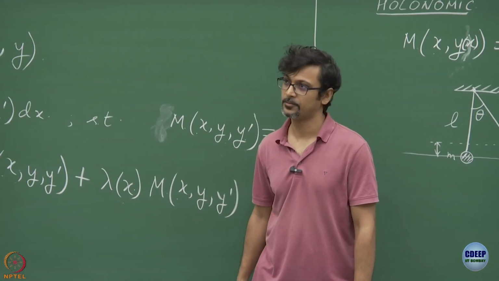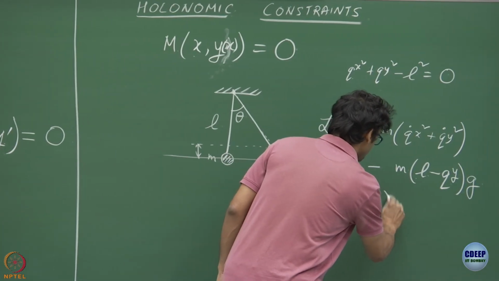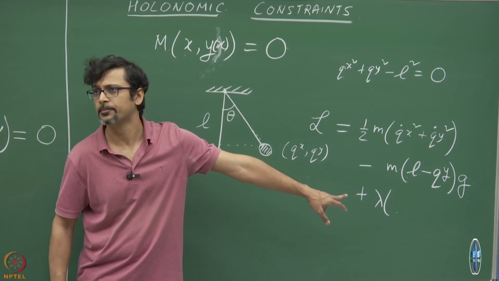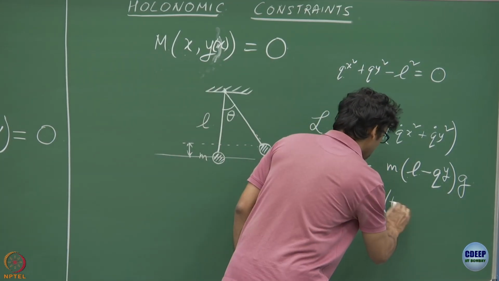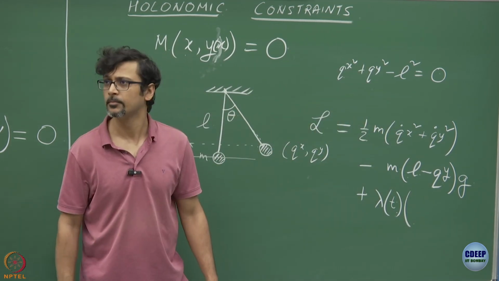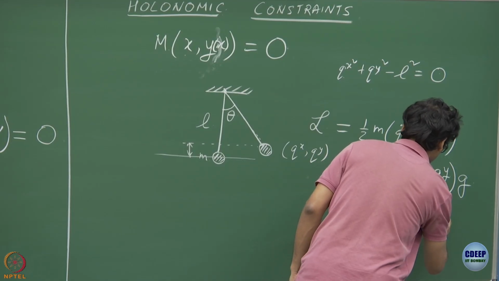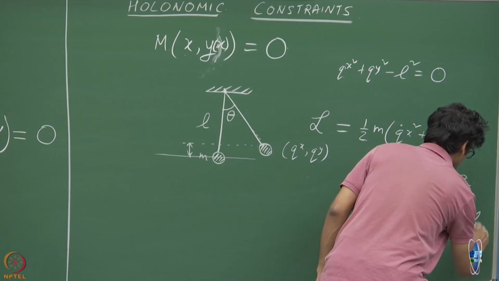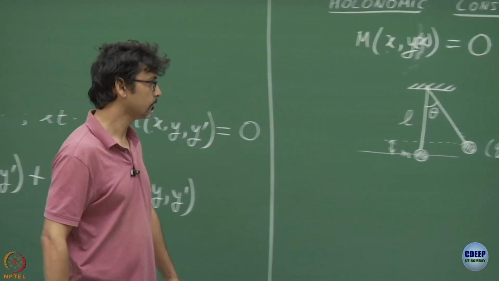the constraint. So what I'm going to write here is plus, now in case here the x is replaced by the t, isn't it? The independent variable x is now the t. So it's lambda t times, this is my constraint. I'll just write qx squared plus qy squared minus L squared.